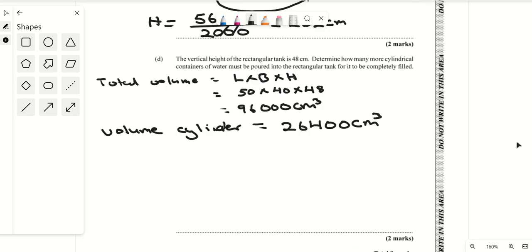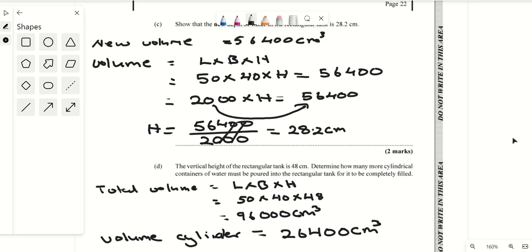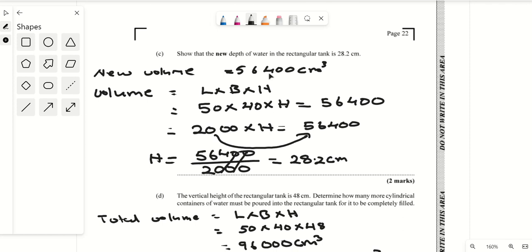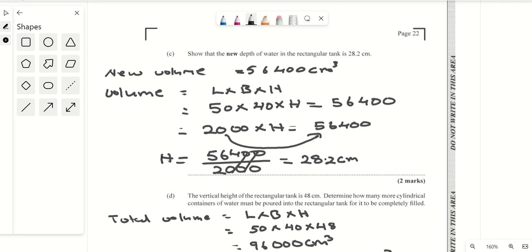But how much is it filled already? We know that the new volume, when we added that amount, is 56,400.